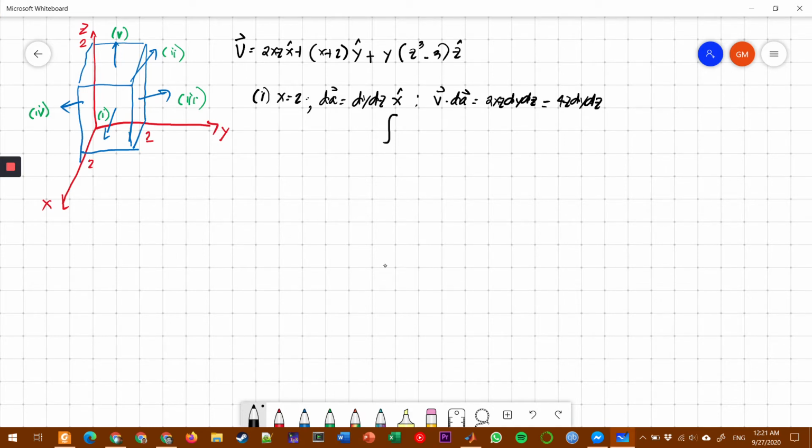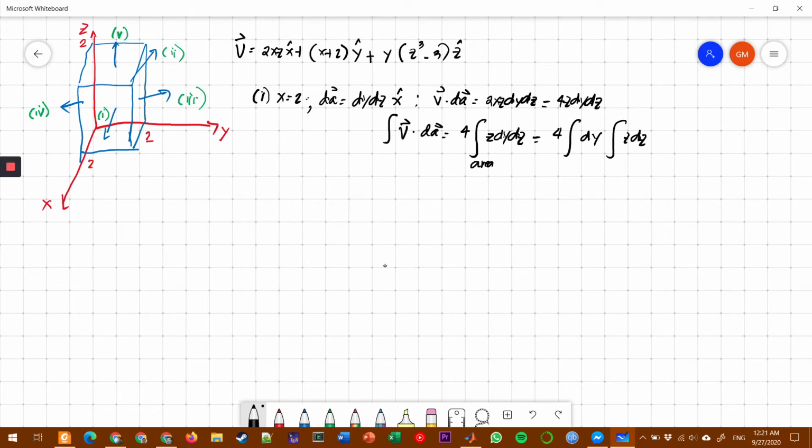Then we can now take the integral of v dot dA. So the integral is 4 times z dy dz, where this is the area. We break it down: 4 times the integral of dy and then z dz.